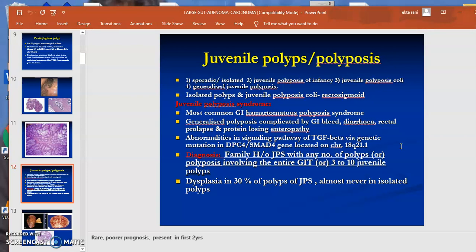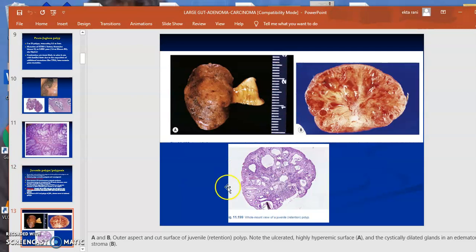Dysplasia is seen in 30% of polyps of juvenile polyposis syndrome, almost never in isolated polyps. So, dysplasia is common in juvenile polyposis syndromes and not in isolated polyps. This is the photograph of gross appearance of a retention polyp or juvenile polyp, and this is the microphotograph.